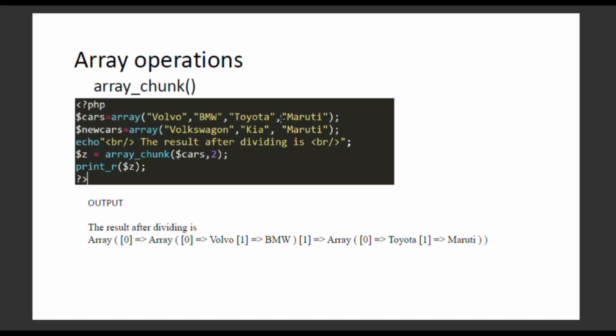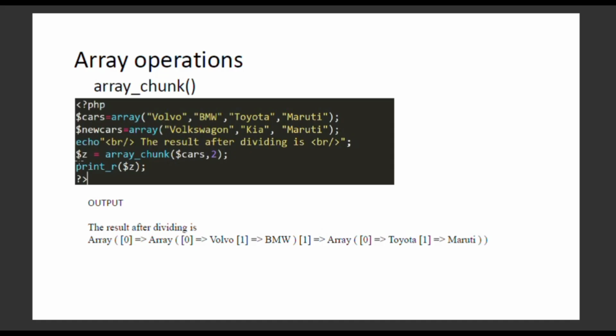First one is array_chunk. Array_chunk is a PHP function used to split an array into smaller arrays or chunks of the specified size. Here you can see a small example. In this, $cars is an array name that holds the elements like Volvo, BMW, Toyota and Maruti.